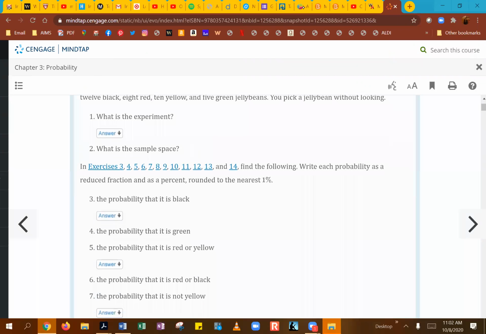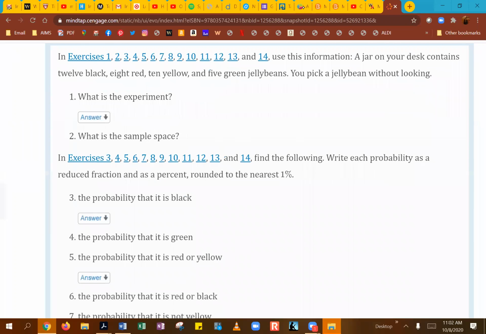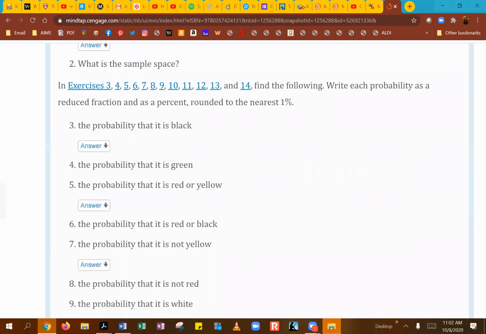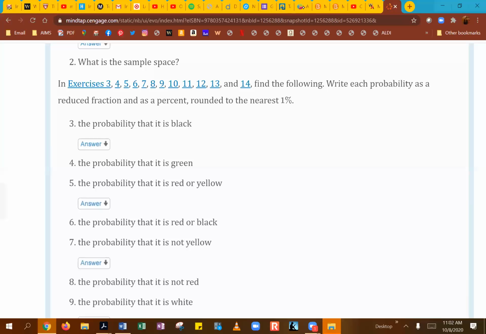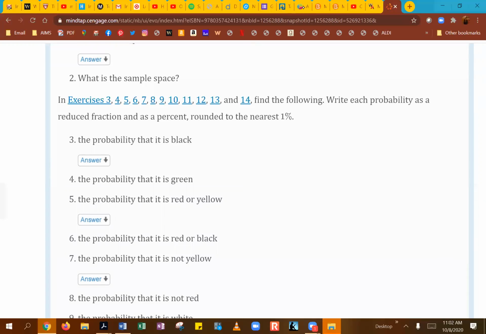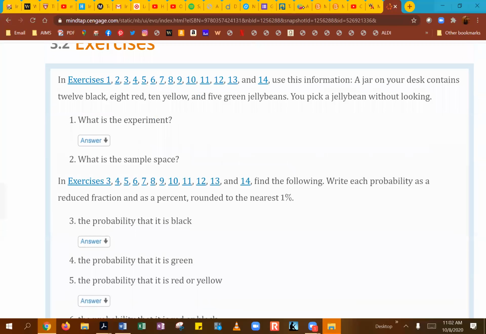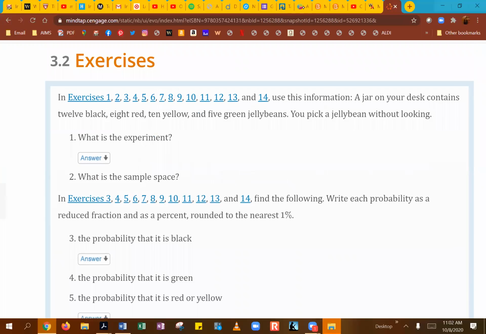Okay, so right over here, actually we're going to have to do 1 and 2 before we can use it for the question I want.